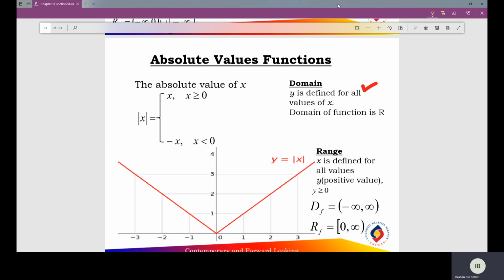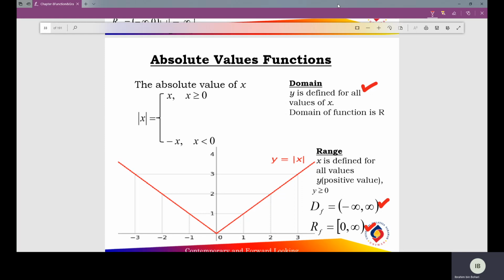The range of the absolute value function is defined for all values of y, starting at the origin, so the range equals 0 to positive infinity.